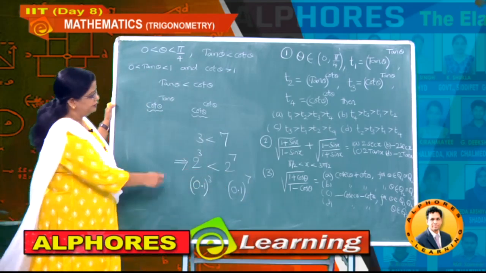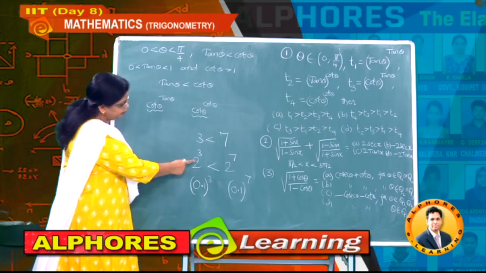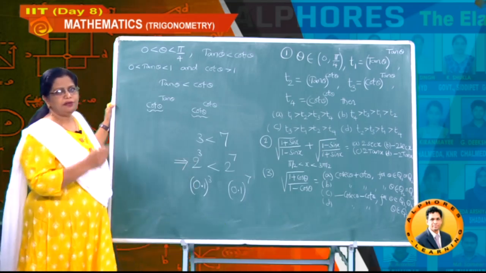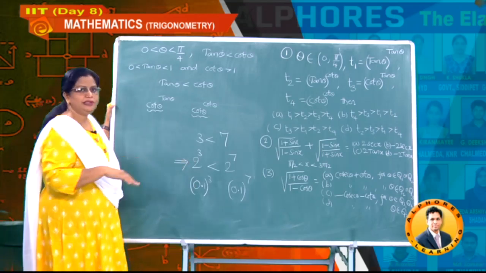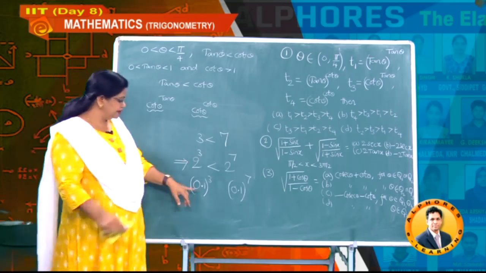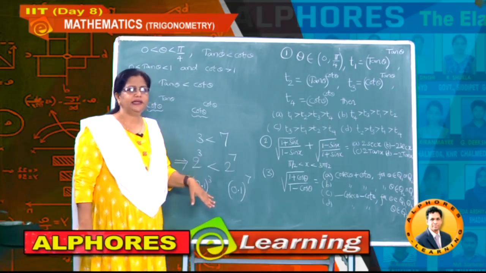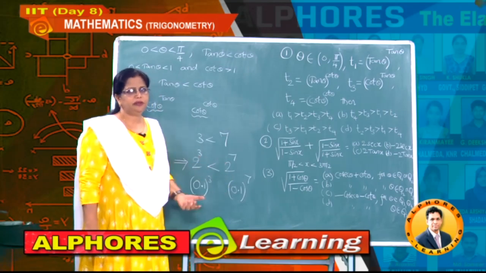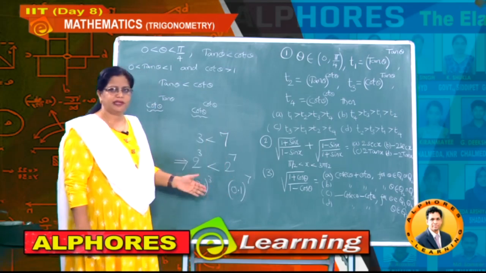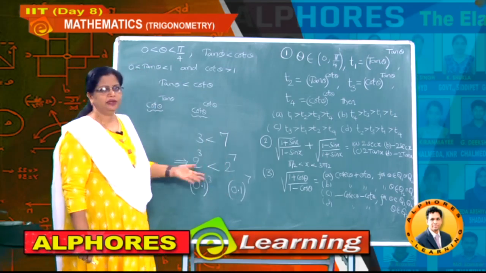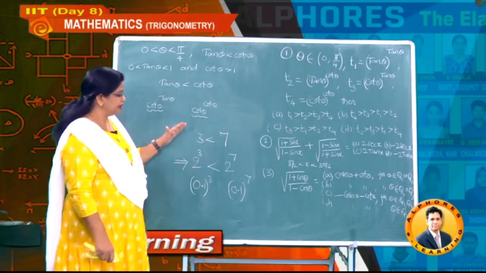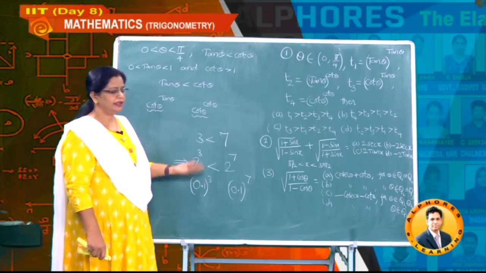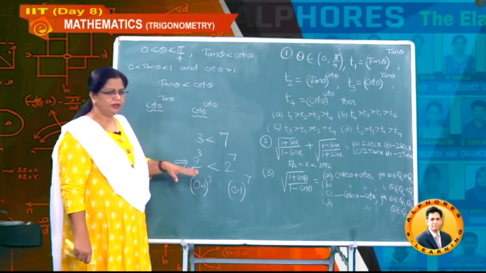Understand students, what is the difference for the number 2 and for the number 0.1? The number 2 is more than 1 and the number 0.1 is less than 1. In previous sessions also many times we have discussed, for any number, you should observe not only positive or negative, sometimes we need to observe whether it is less than 1 or greater than 1.